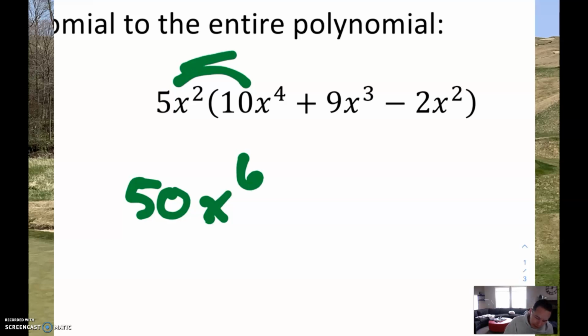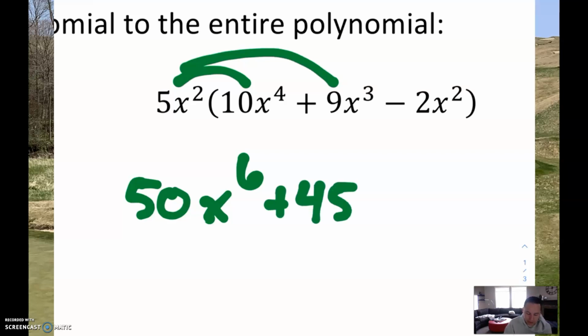Let's move on to the second one. 5x squared times 9x cubed. 5 times 9 is 45. Then we've got 2 x's here and 3 more x's there for a total of x to the 5th. Again, you're just adding the exponents. 2 plus 3 is 5. And the last one.